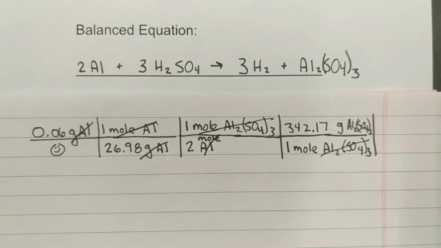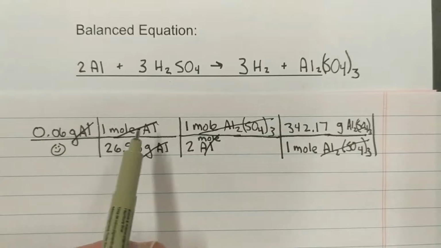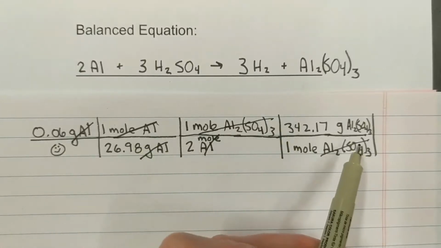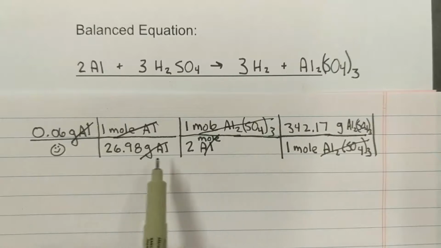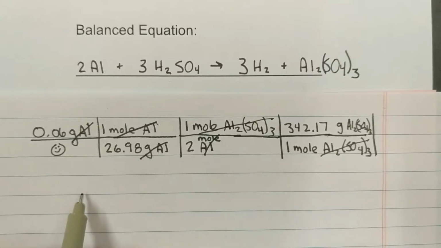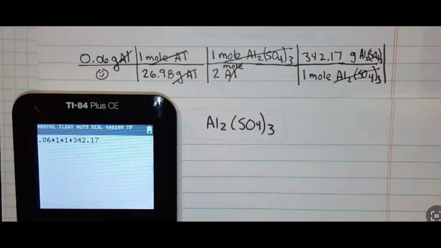So our last step is going to be to multiply across the top, take that product and divide it by the product of multiplying everything across the bottom. So I multiplied across the top 0.06 times 1 times 1 times 342.17. I hit enter.